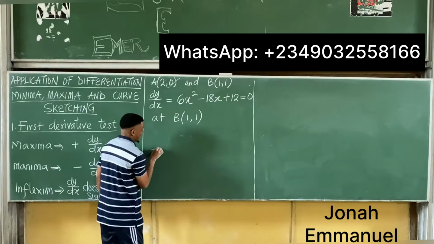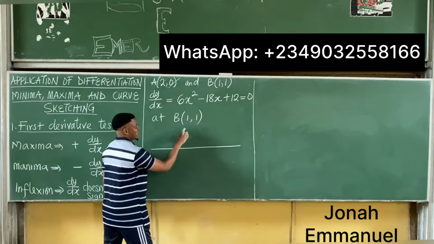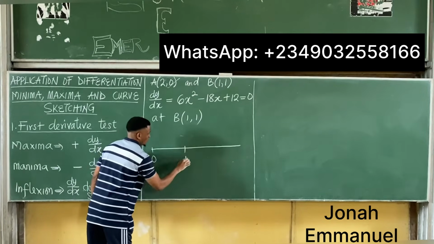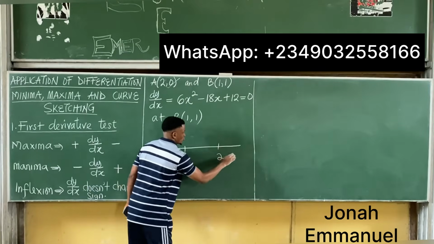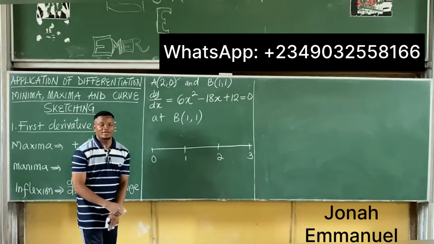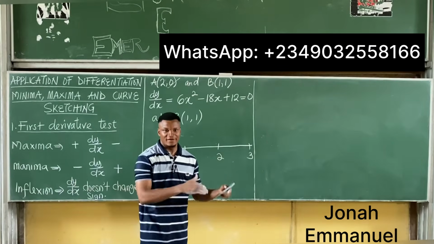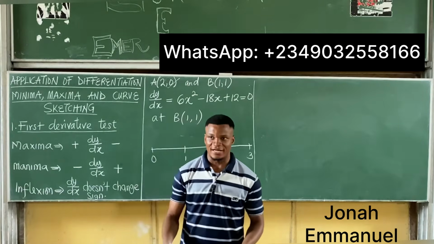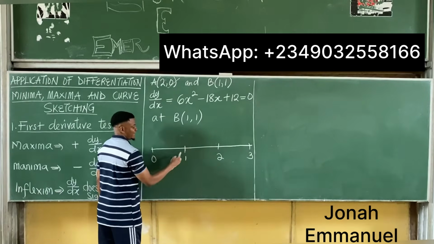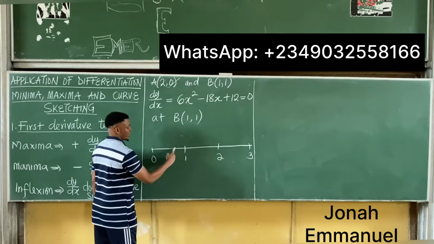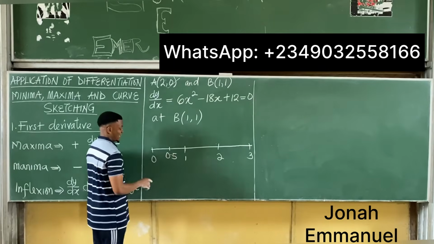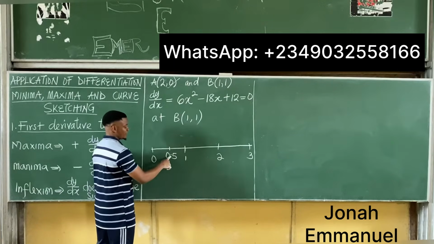For this one again, we'll do the same thing. We'll consider just the x-axis. The x-axis here is 1. So I have 0, 1, 2, perhaps 3. We're using the same concept of taking 0.5 to the left and 0.5 to the right. My point in this case is 1. If I take 0.5 to the left, I have 0.5.